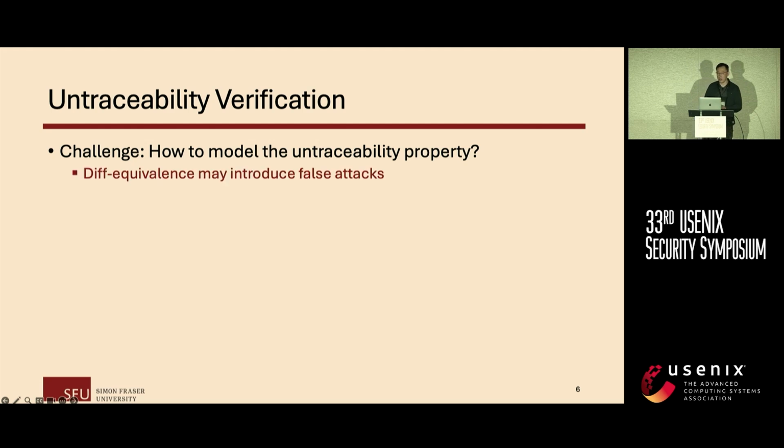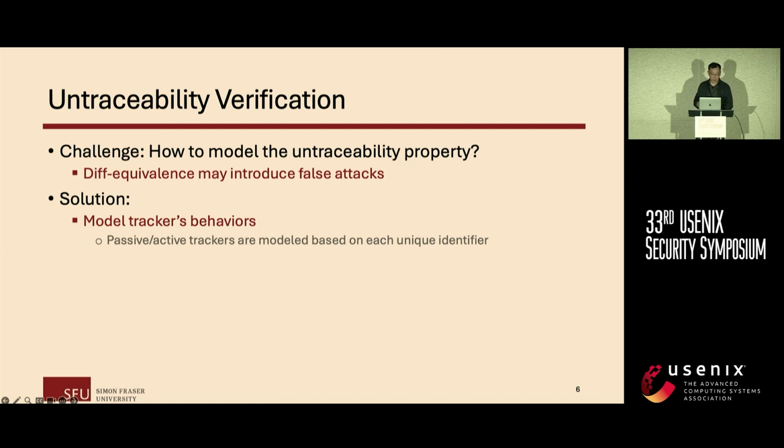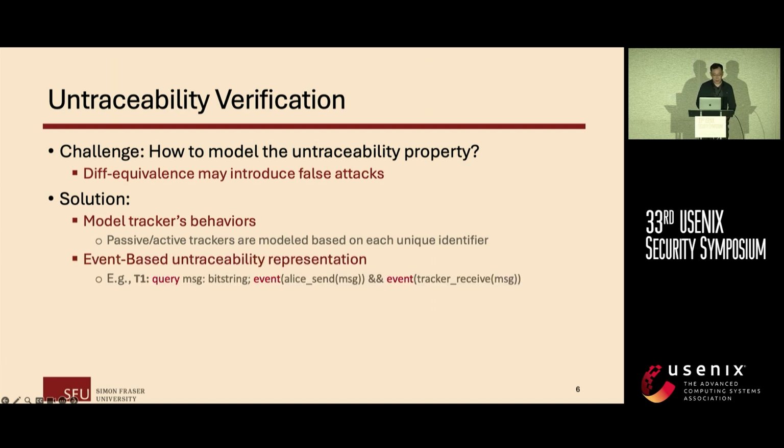Some of the existing work uses Diff-Equivalence, which is used to model a privacy property in formal analysis. However, it may introduce false attacks. So in our work, to avoid false attacks, we model all the trackers' behaviors, including the passive and active trackers, based on the unique identifiers. And then we propose an event-based representation for the untraceability. For example, in the passive tracking scenario, the untraceability property can be represented like this.